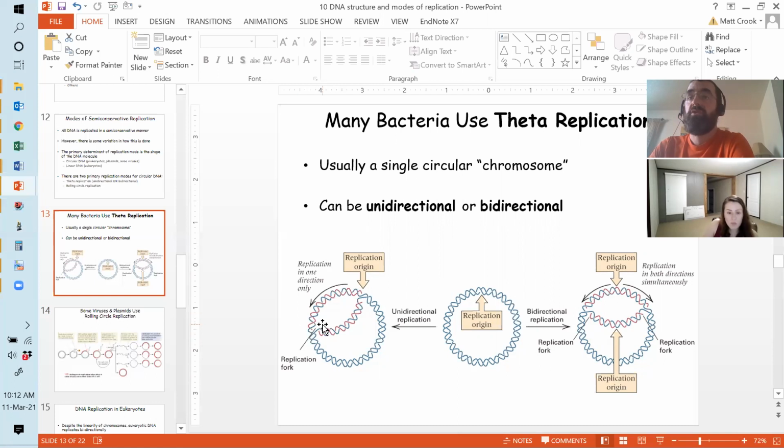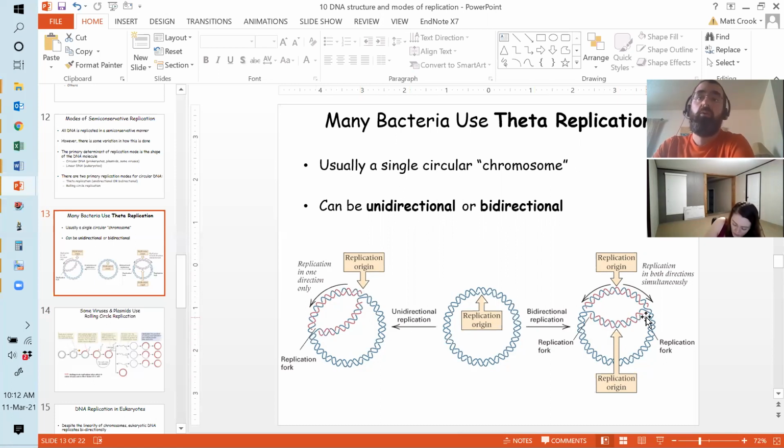But in unidirectional, you just have one replication fork, so it's going to go all the way around, kind of counterclockwise, until it finishes back at the beginning, and you get your two bacterial genomes. Or bidirectional, where it goes in both directions at the same time.